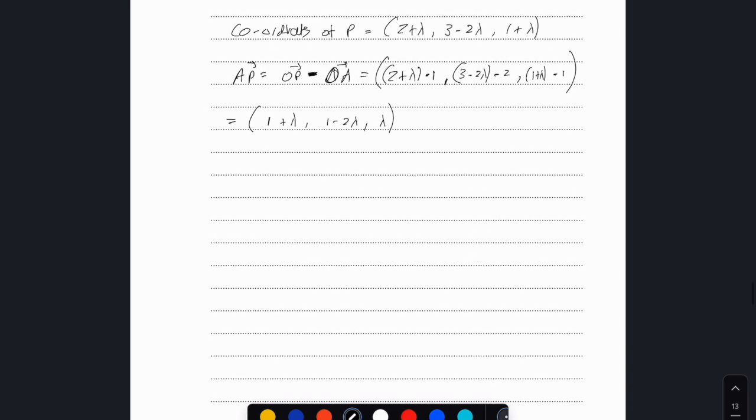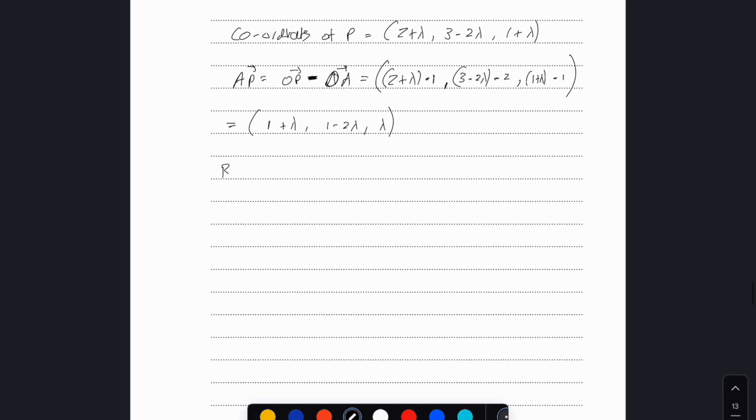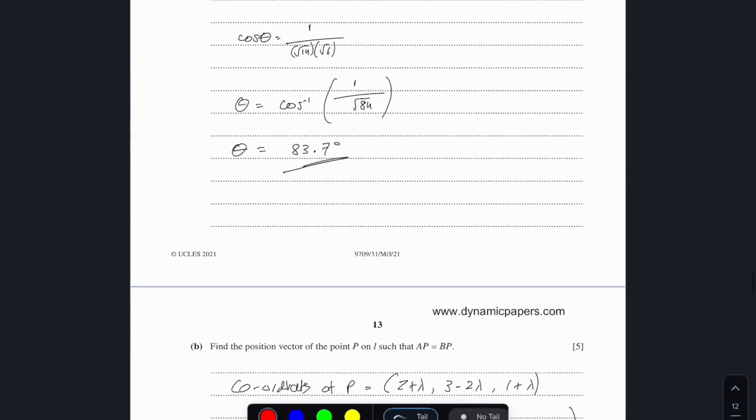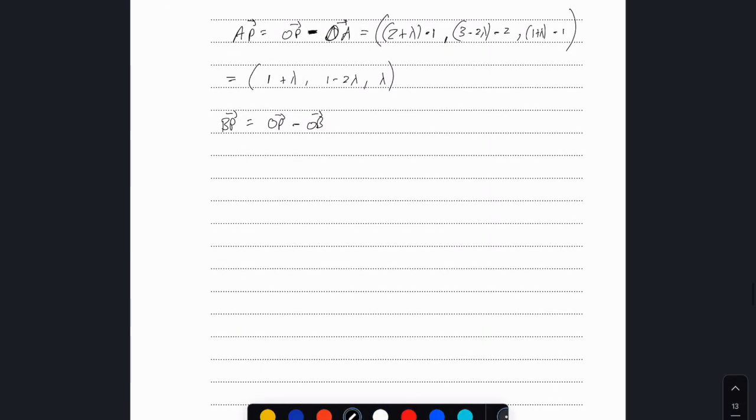So therefore, let's work out BP quickly. OP minus OB. What's OB here? (3, 1, -2).